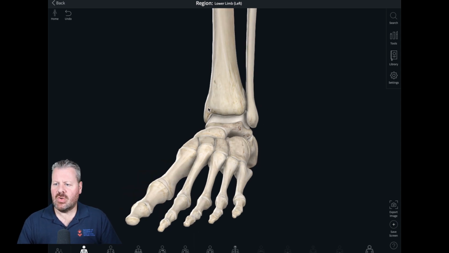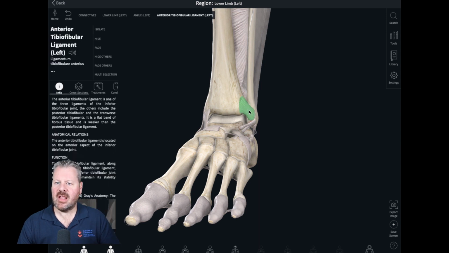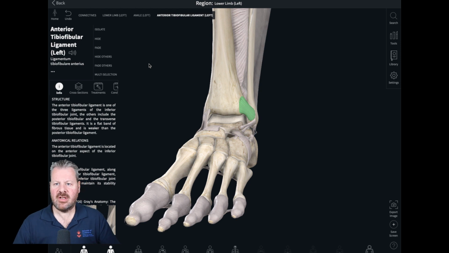So we have this mortise joint formed. There are plenty of supportive ligaments in this area. So if I just put them on, you begin to see how this is made up. We'll just take those tendon sheaths off. Strong ligaments, especially here with the syndesmosis or the anterior tibiofibular ligament.